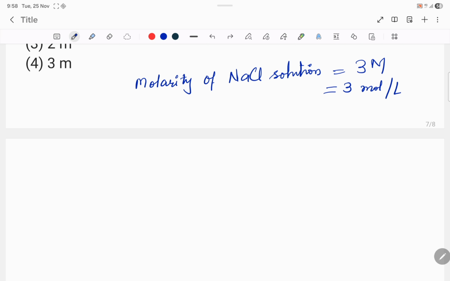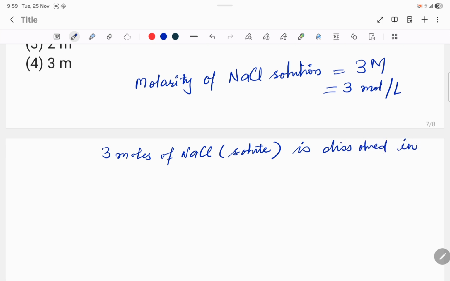So the molarity of sodium chloride solution means that 3 moles of sodium chloride, which is a solute, is dissolved in 1 liter solution. Okay, we do not need solvent over here, so remember that we only need solute.